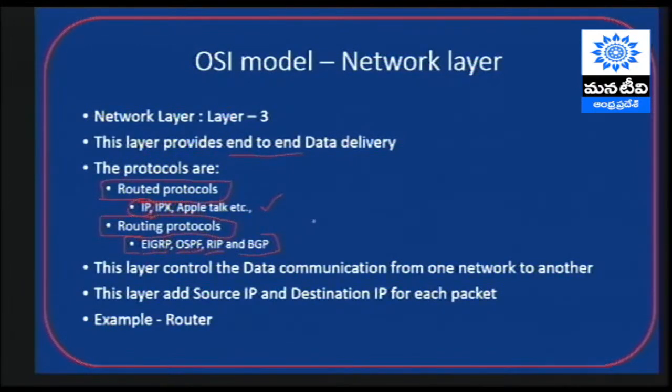So we can look at an example: when we access the internet, how does our computer know where yahoo.com is, or where zoomgroup.com is, or where cisco.com is? We do not know where that server exists, but we are able to communicate. How is it possible for your computer to know where the destination is?